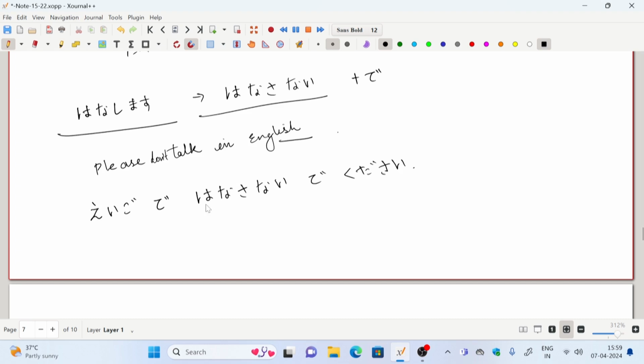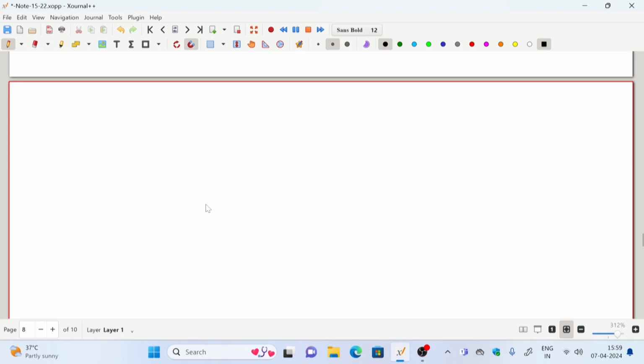Next pattern is nakereba narimasen. This pattern is used to express something which must be done. So how do we make the pattern nakereba? First we'll use the nai form.